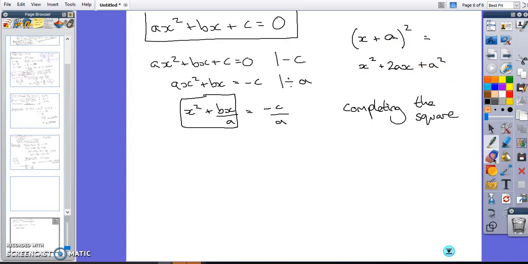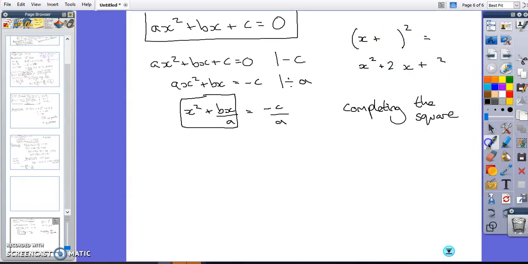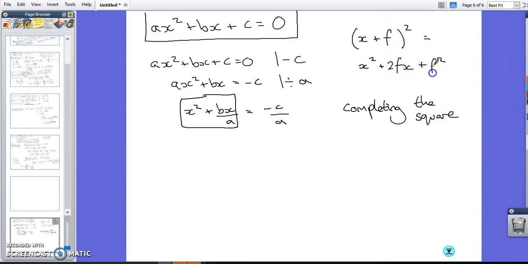And actually, a probably wasn't a very good choice because we already have an a. Let's call it f instead, a letter that we haven't had yet. So over here, we already kind of have the form x squared plus something x. And this is twice what we would need f to be because of the two cross terms.